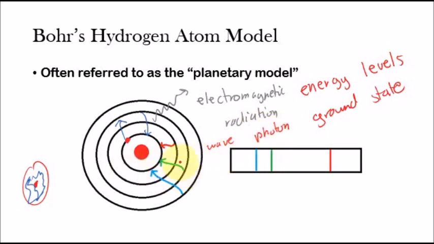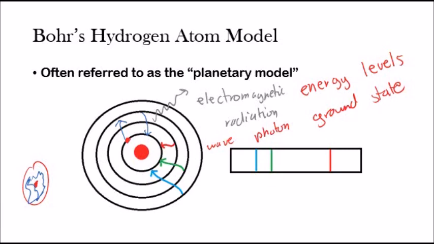This shows that energy is quantized because the electron can go from 1 to 2, or 1 to 3, or 2 to 3, or 3 to 4. Those are all different energies being released, and that energy is going to result in different waves with different wavelengths, and therefore we're getting this atomic spectrum. This happens not just for hydrogen, but for every single atom. Okay, so that's how everything ties together.